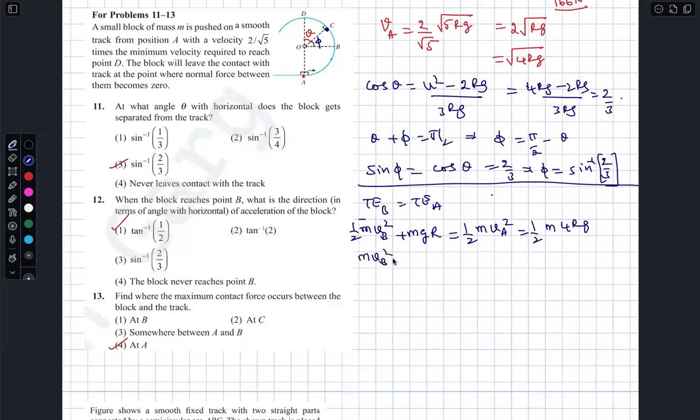MVB square by 2 plus MGR is 2MGR. This implies VB square is equal to 2RG, which implies VB is root 2RG.